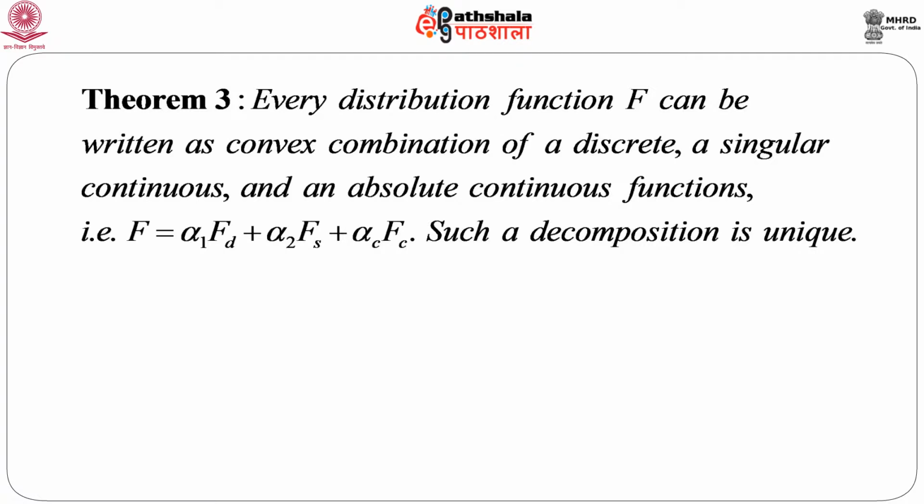That means capital F equals alpha 1 F_d plus alpha 2 F_s plus alpha_c F_c, where F_d is a discrete distribution function, F_s is a singular distribution function, F_c is an absolutely continuous distribution function, and alpha 1, alpha 2 and alpha_c are three constants, all lying between 0 and 1, so that alpha 1 plus alpha 2 plus alpha_c equals 1. Such a decomposition is unique.